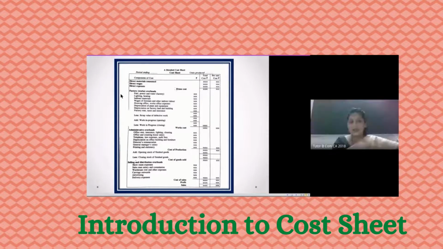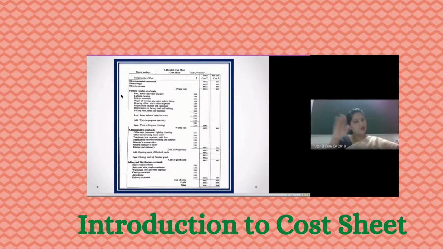After the direct expenses, we have expanded to factory expenses like factory overhead and administrative overhead. What you have to remember here is that all indirect expenses directly related to the production process will be brought under factory overhead, and those that do not have a direct relation to the production process will be brought under administrative overhead.